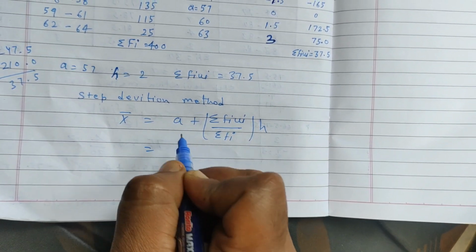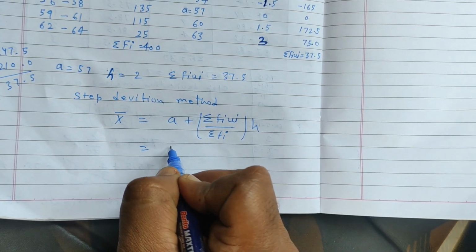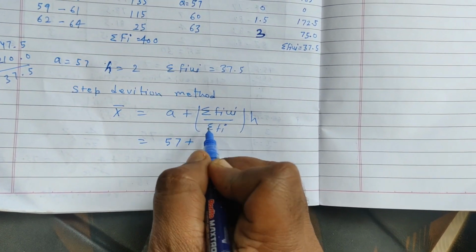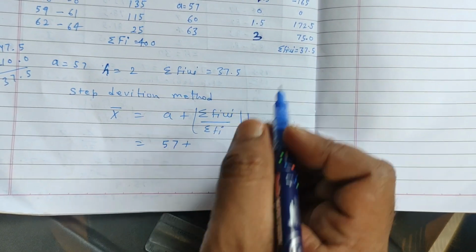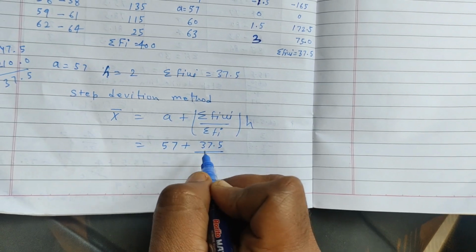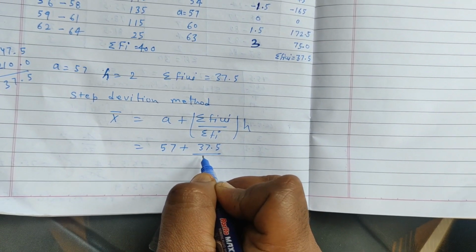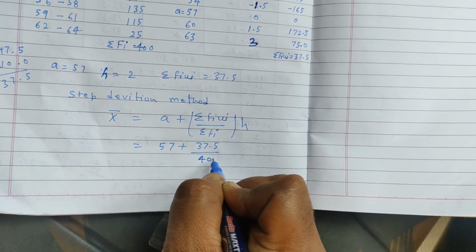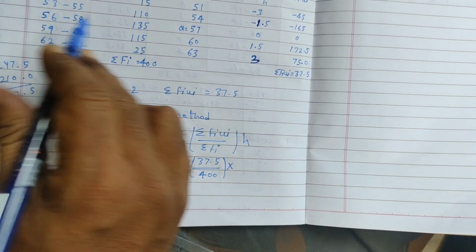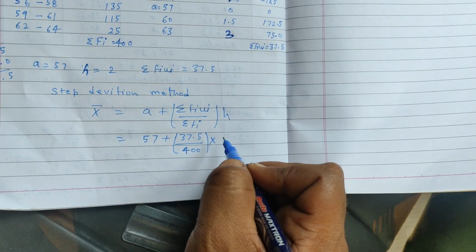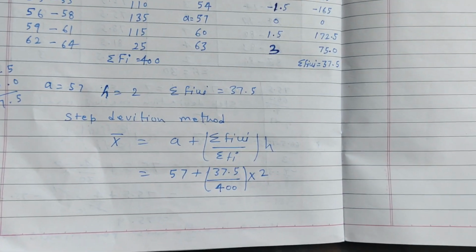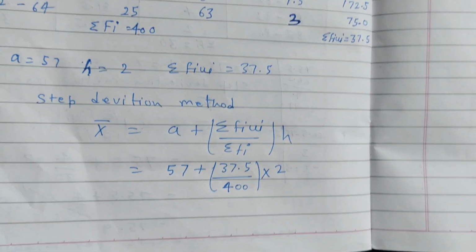So here A is our 57, plus summation fi ui is 37.5, summation fi is 400, and h is our class difference, which is 2. H is 2. So here we solve it.